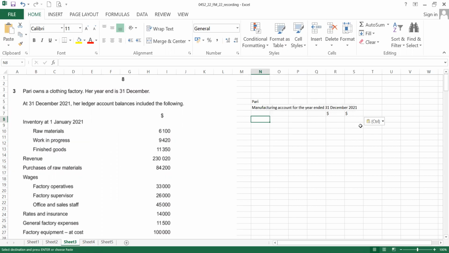Okay, the manufacturing account starts with the cost of raw material consumed. So what is the raw material consumed that we have here?